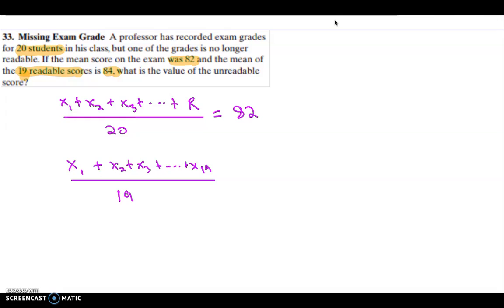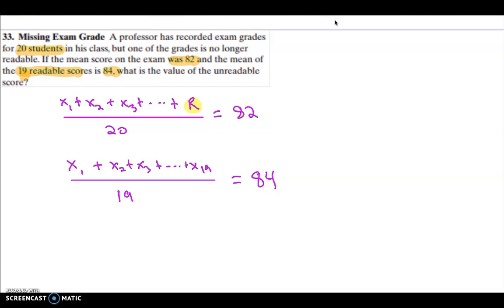When he finds the mean of the 19 scores, that's 84. And we want to know, with this information, what is this unreadable score? Now, the mean of the 19 is bigger than the mean of the 20. That tells us that the unreadable score has got to be less than 84, because the mean is coming down.